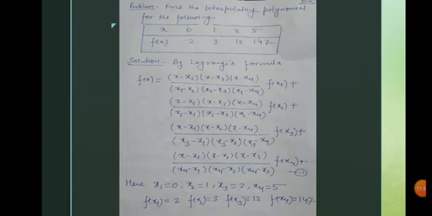So given x equal to 0, 1, 2, 5, the value of f(x) is equal to 2, 3, 12, 147. So look at here.